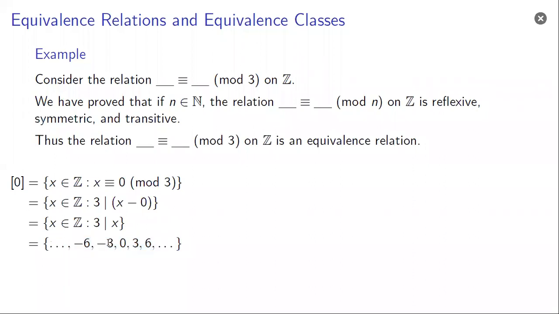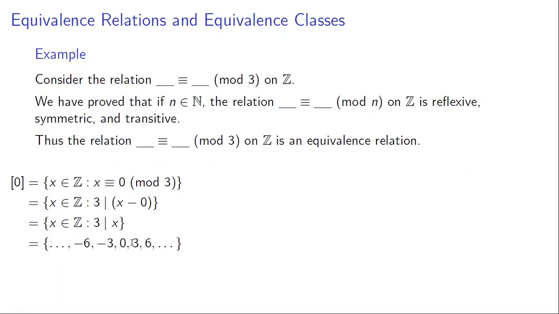Maybe that's not so obvious, but because of the symmetric property and the transitive property, all the elements of an equivalence class are related to each other, and that was true in all the earlier examples as well.